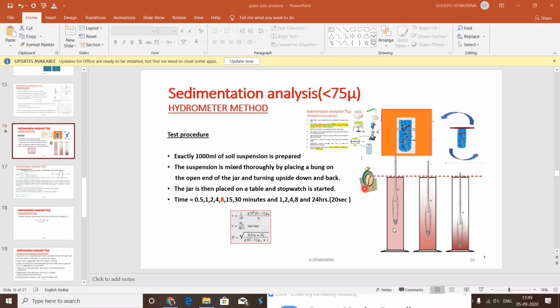After placing the jar, we take the first hydrometer reading at a time interval of 0.5 seconds.